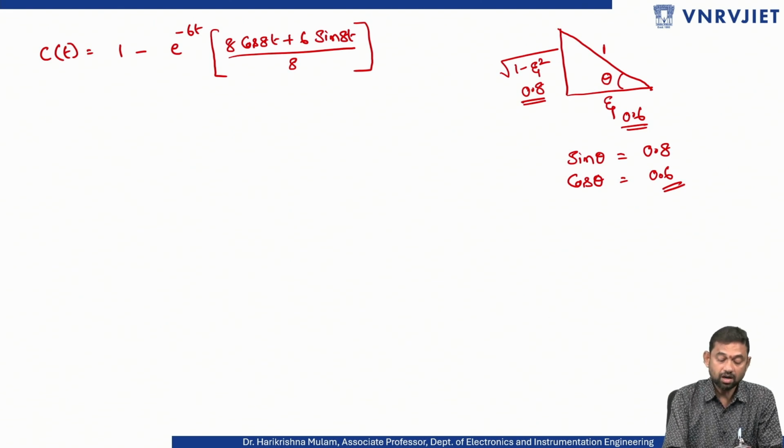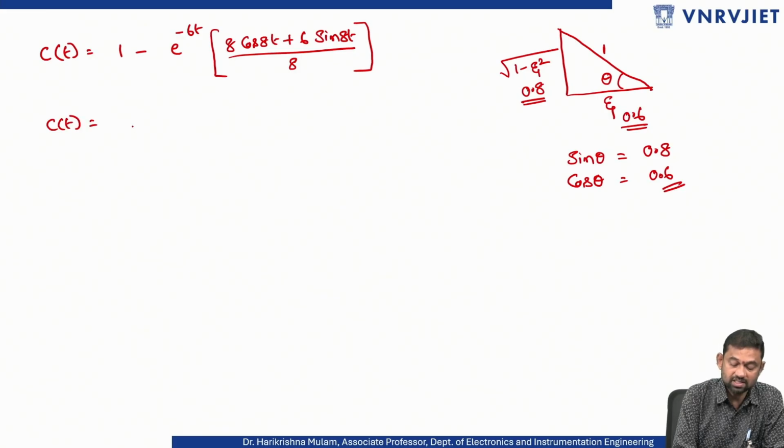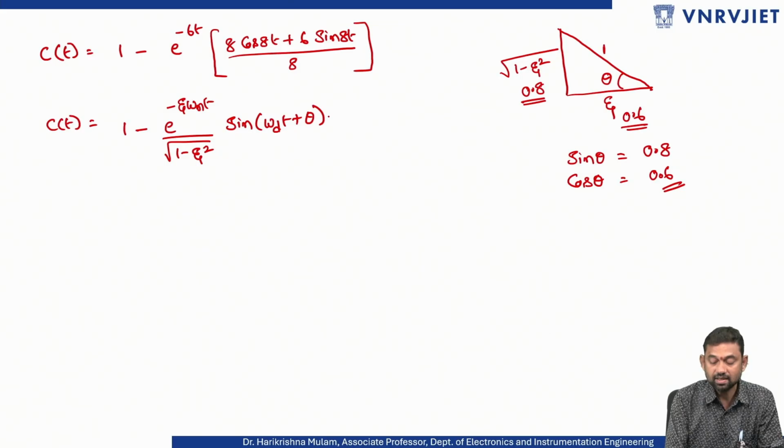Therefore, in order to see that your response looks like the standard form, 1 minus e power minus zeta omega n t by square root of 1 minus zeta square into sine (omega d t plus theta), you need to make some adjustments. Okay.